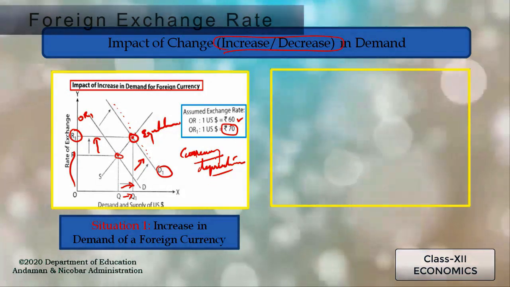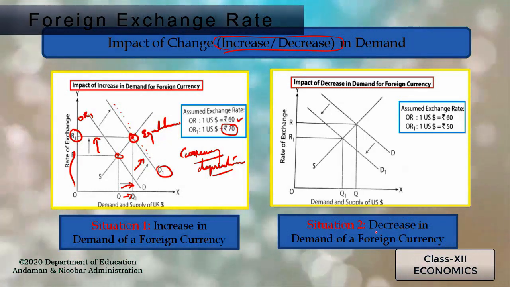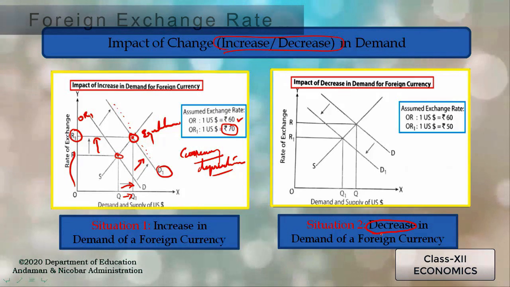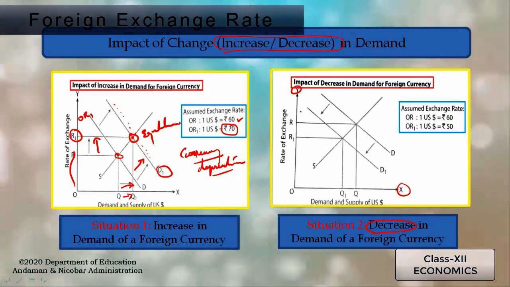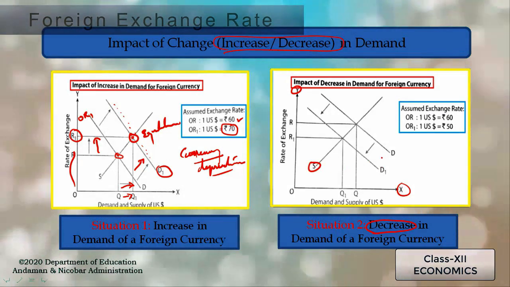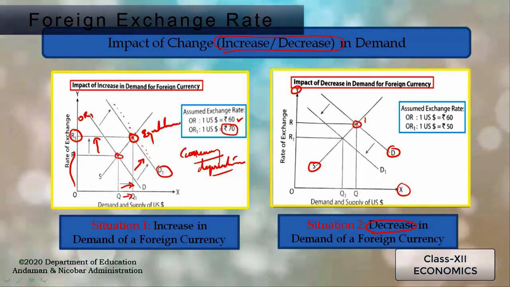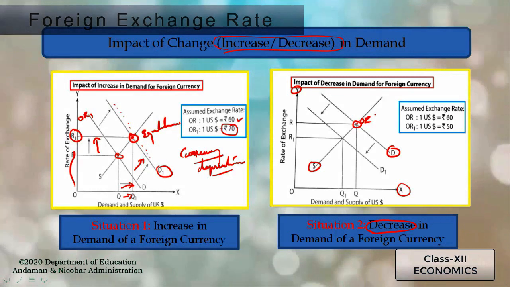Now look at the second situation. Here we have the situation where the demand for foreign currency decreases. So what happens here again? We have the same x-axis and y-axis. Here again we have two curves, that is the supply curve and the demand curve. The point R, that is OR, is the equilibrium point.